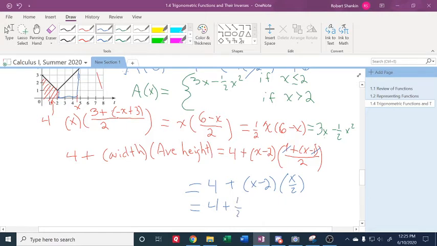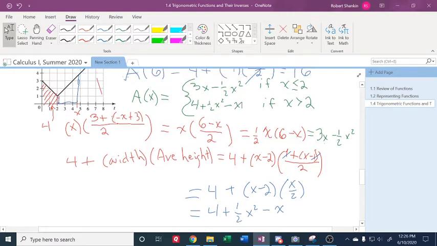So it'll be 1/2 x squared, minus, and then the 2's are going to cancel out, and I'm going to get x. Let me put that back in green. It's going to go right here: 4 plus 1/2 x squared minus x, if x is greater than 2.